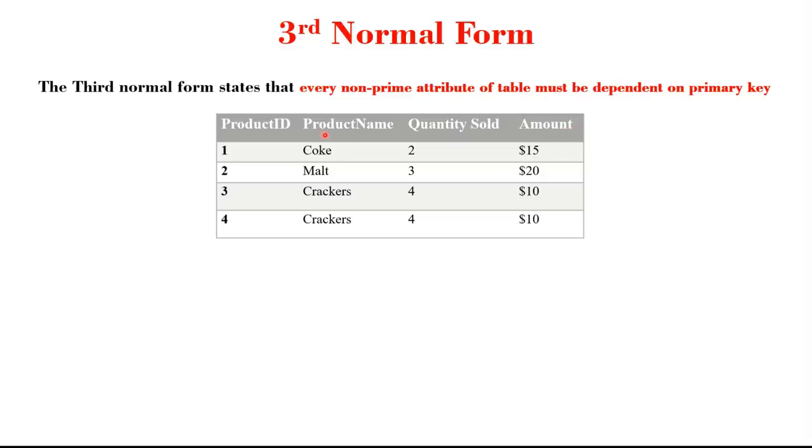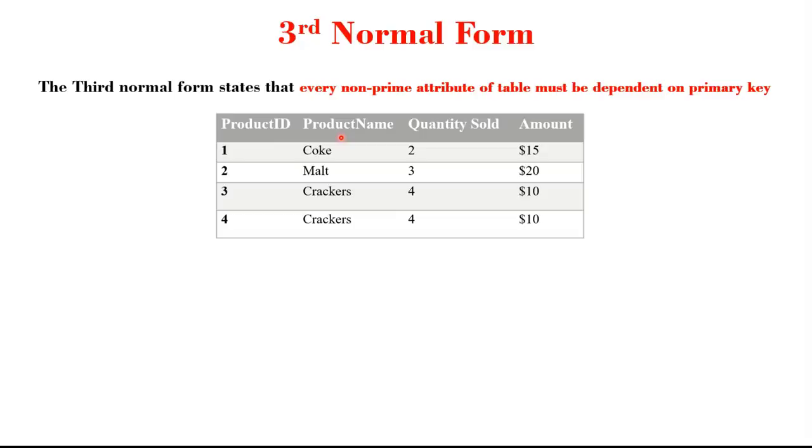And the rule states that all non-prime attributes should depend on the primary key. It is true that product name, which is a non-prime attribute, depends on the product ID, the primary key. However, we cannot say the same for quantity sold and amount, as they are rather dependent on the product name, which is a non-prime attribute, and this violates the third normal form.